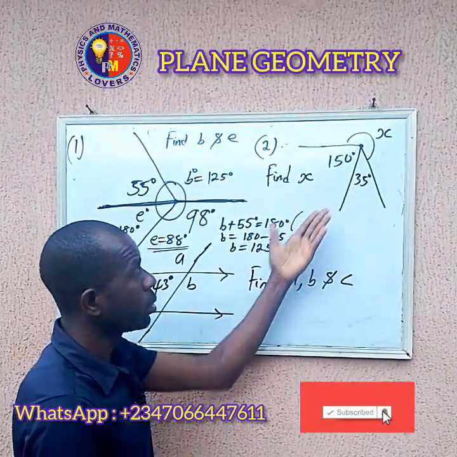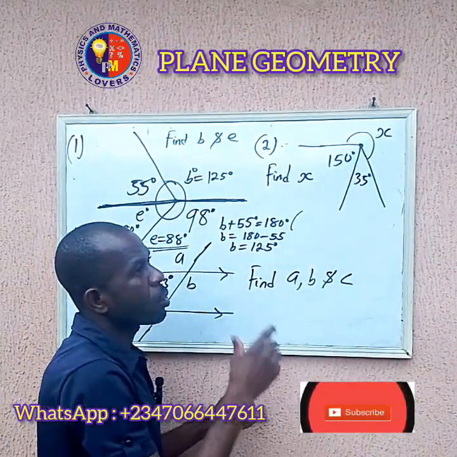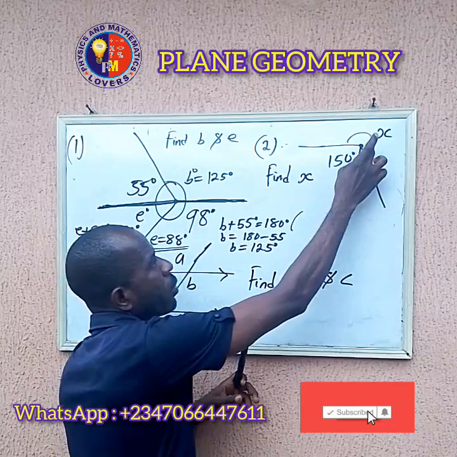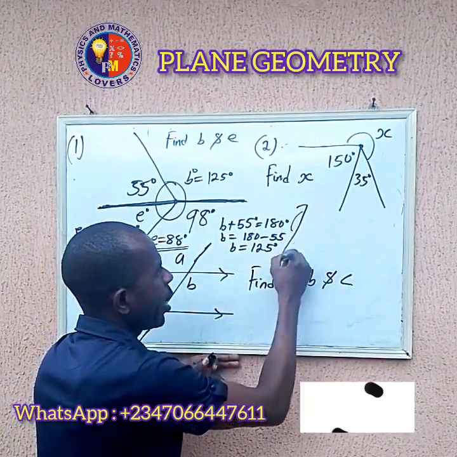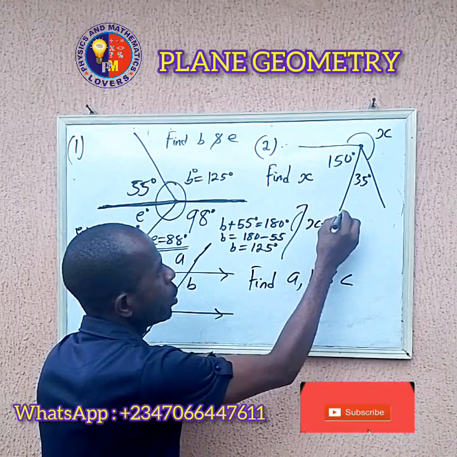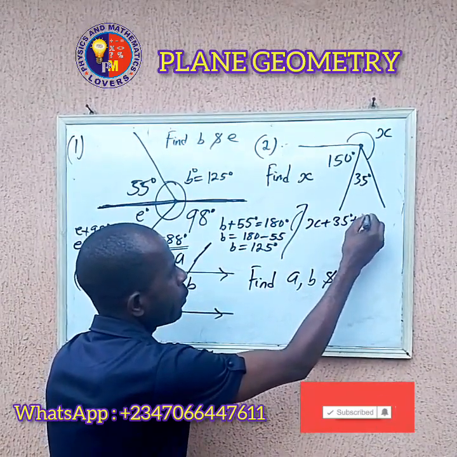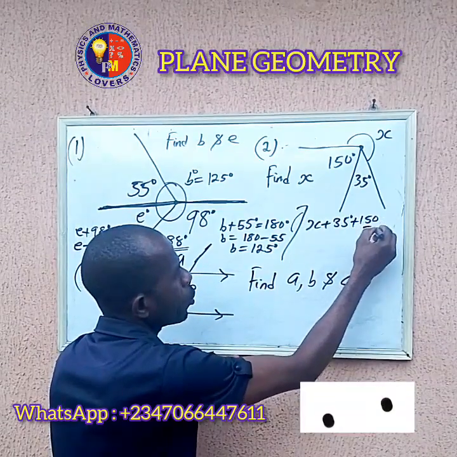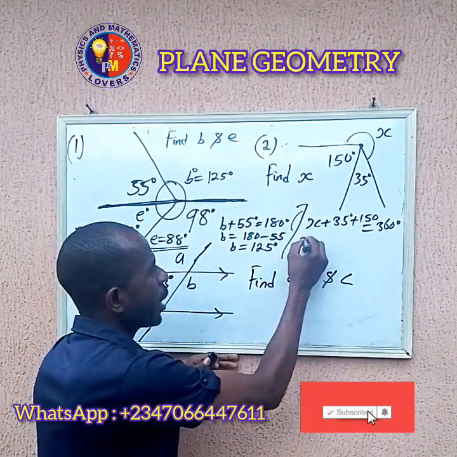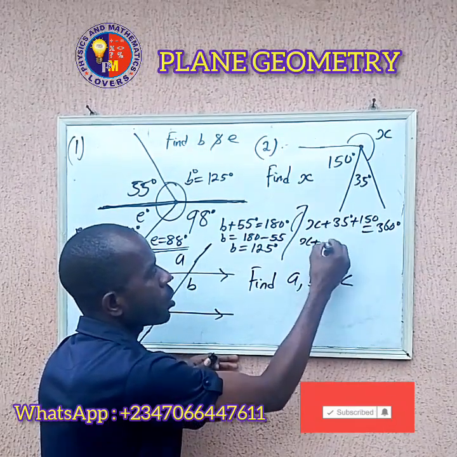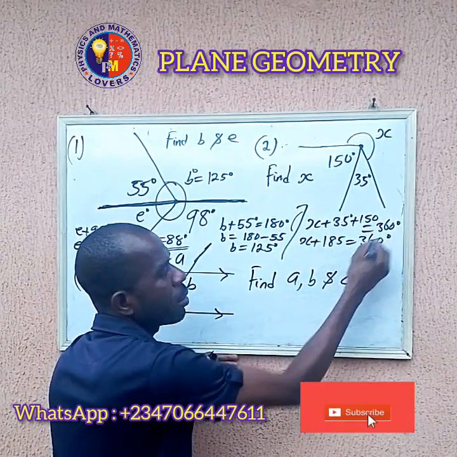What you need to do in our geometry, we said for angles at a point, the sum of the angles is equal to 360 degrees. So which means I'm going to have X plus 35 degrees plus 150 degrees equal to 360 degrees. So X plus 35 plus 150 is going to give us 185, equal to 360 degrees.